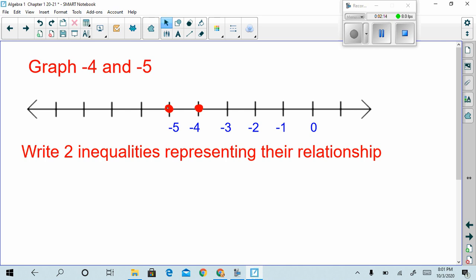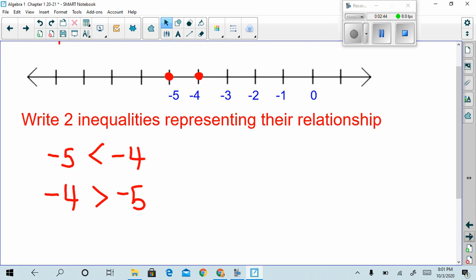So let's start by saying, since we're looking at -5 being to the left, -5 is less than -4. Okay, that states a relationship. They want a second relationship, and let's reverse that. We could then say that -4 must be greater than -5. So once again, we can use this number line to draw some conclusions about relationships.